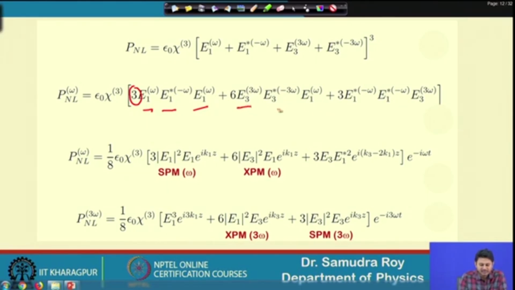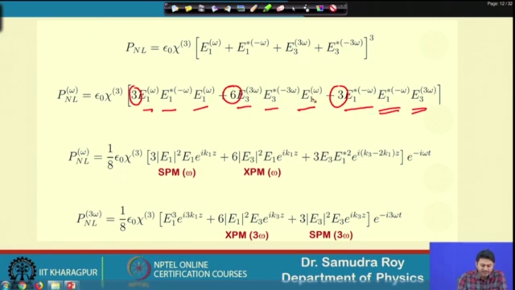E3 star and E1, 3 distinct fields are there. Since 3 distinct fields combine to generate omega, we will have a degeneracy factor 6 here, because according to our rule, if 3 fields are different, we have a degeneracy factor 6. Here again E1 is the same, E1 star is the same, E3 is different, so we will have a degeneracy factor 3.